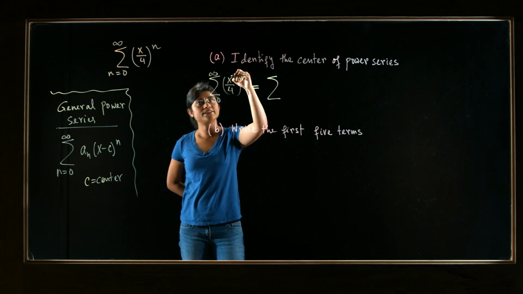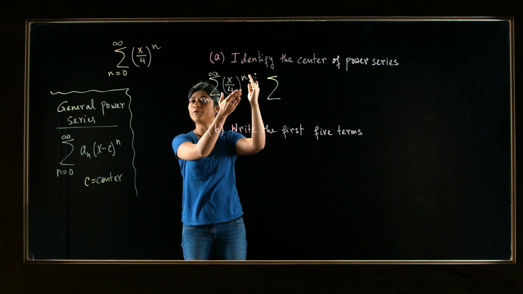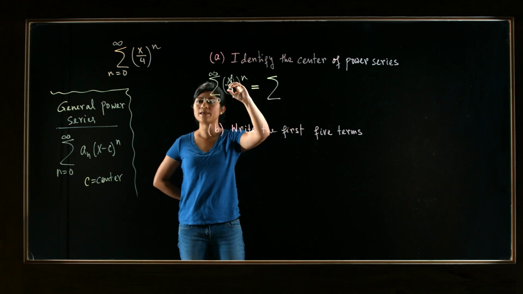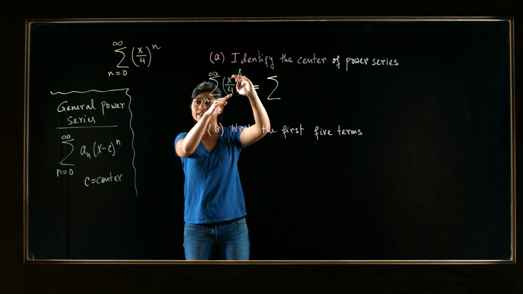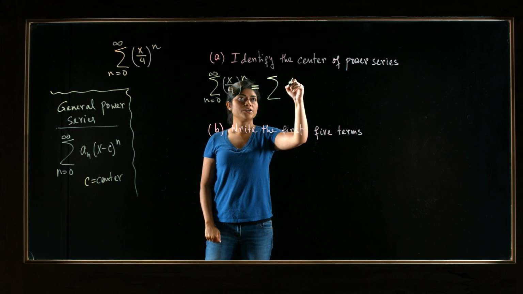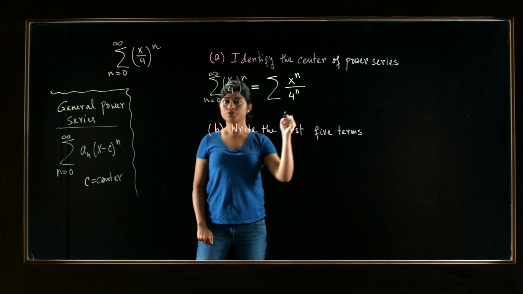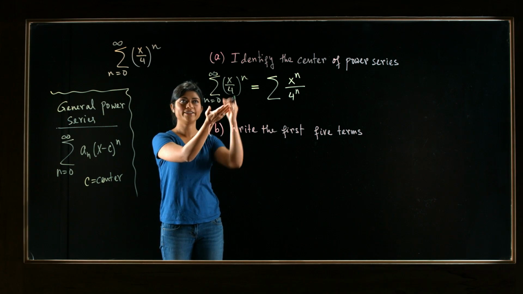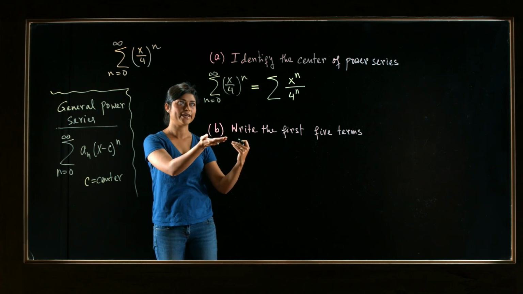The first thing you see is x in the numerator and 4 in the denominator, both raised to the power n. So the very first step is to separate them into 2 separate entities. In the numerator you write x to the n, in the denominator you write 4 to the n. We can do that using the properties of exponents: a over b to the power n is a to the n divided by b to the n.